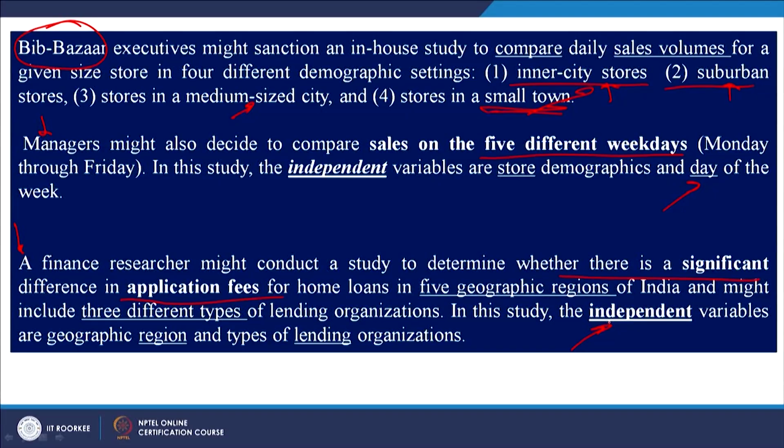The manager wants to know whether there is any significant difference amongst the fee which customers are paying in all those 5 areas. Those 5 areas are the independent variable, and the fee would be the dependent variable.